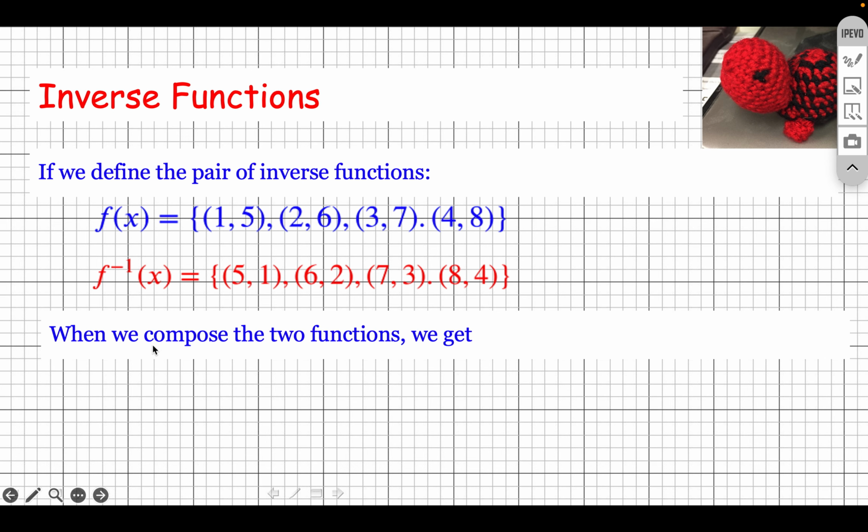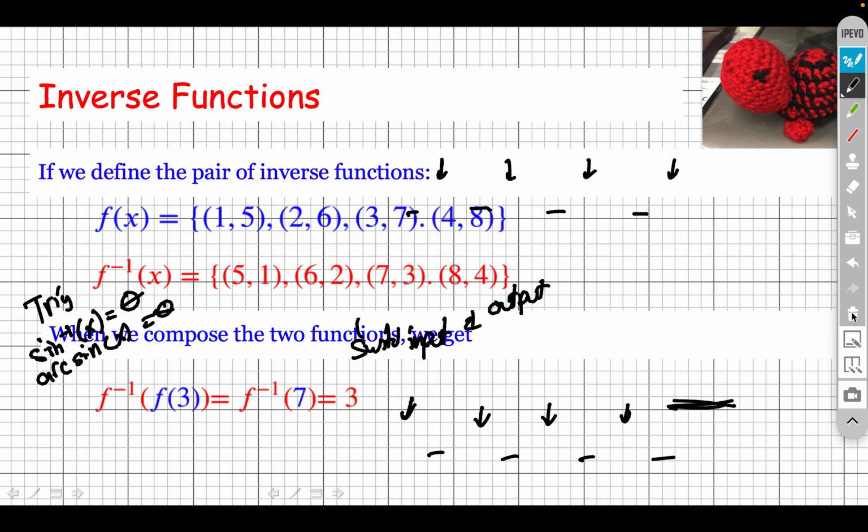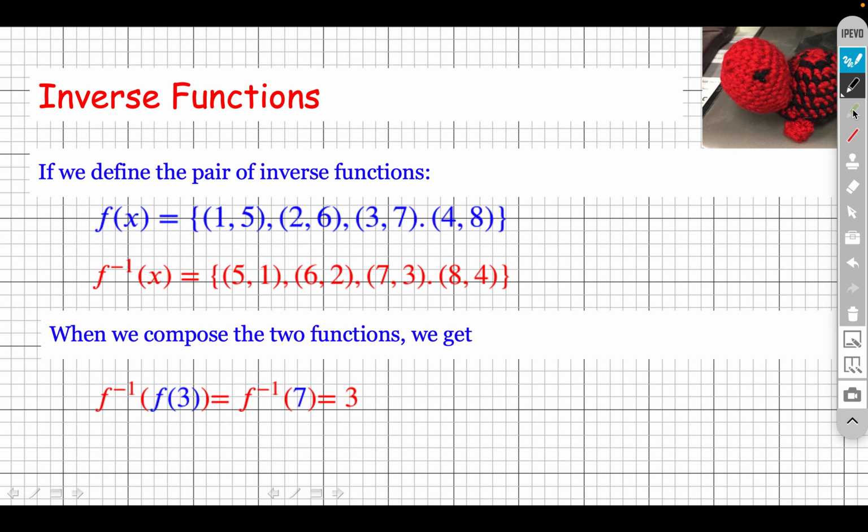So, looking at this again with the composition idea. If I want f inverse of f of 3, f of 3 would be 7, and f inverse of 7 would be 3. So f of 3 would give you 7, and f inverse of 7 would give you 3.